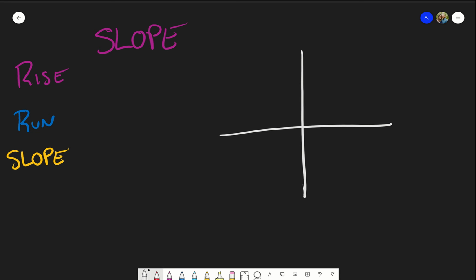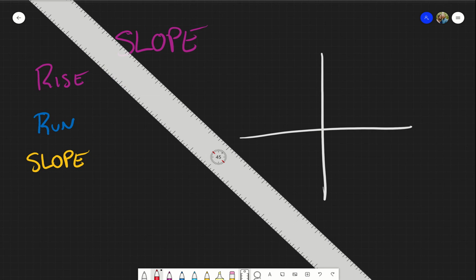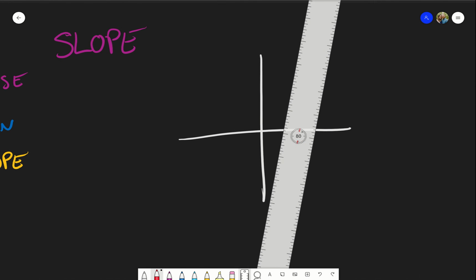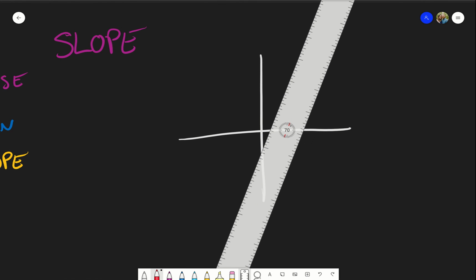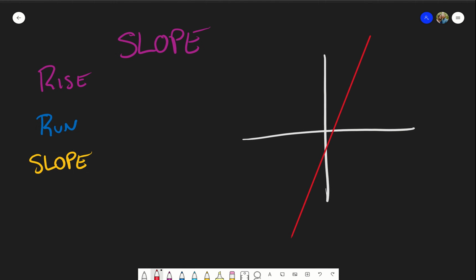And on this graph, I've got a line. We'll make it a nice, good straight line here. Okay, look at this. What a wonderful, beautiful straight line I've made. All right.